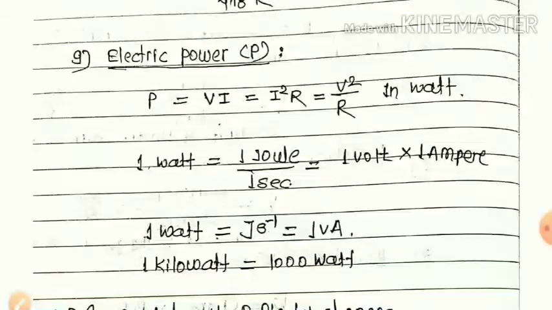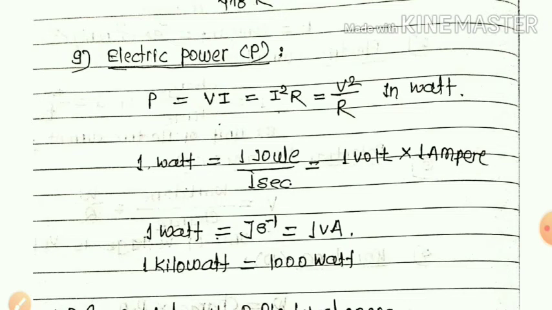Now we will see about electric power P. Electric power P can be calculated as the product of potential difference and electric current, that is V into I, but by Ohm's law we can write V is equal to IR.